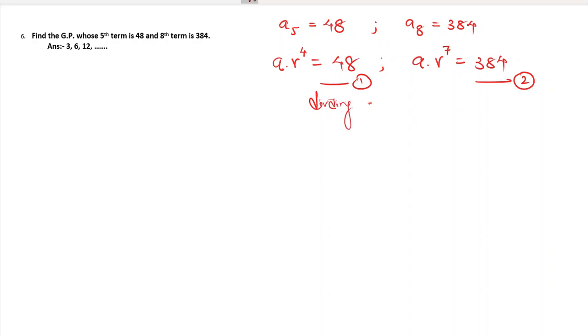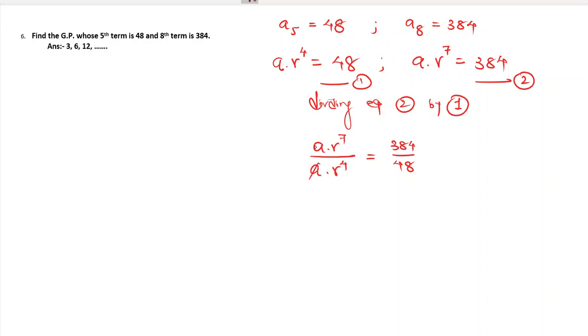Dividing equation 2 by 1. So a into r raised to 7 divided by a into r raised to 4 is equal to 384 upon 48.